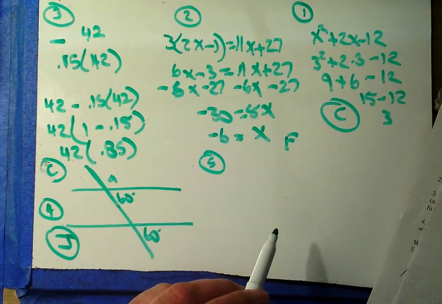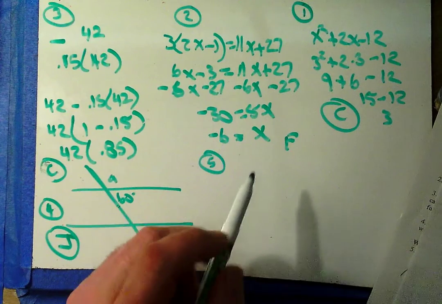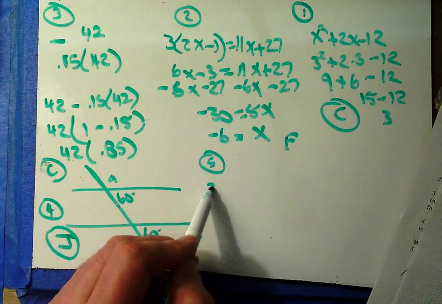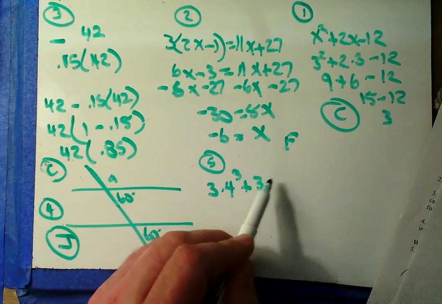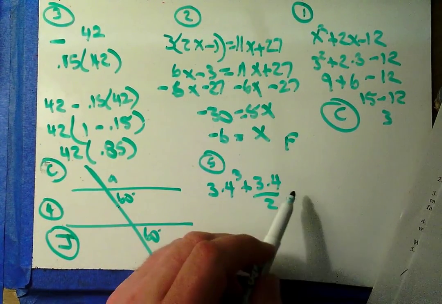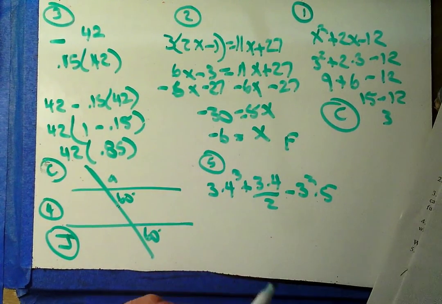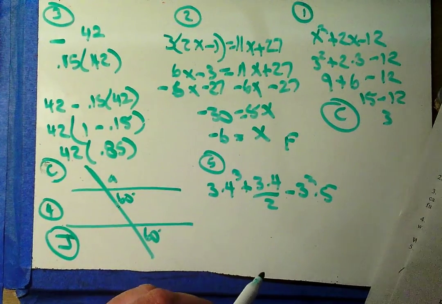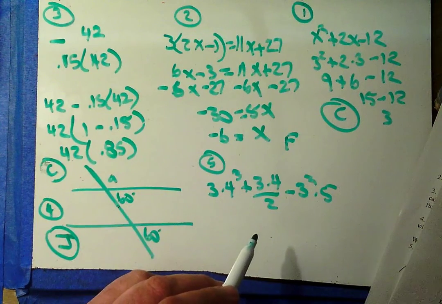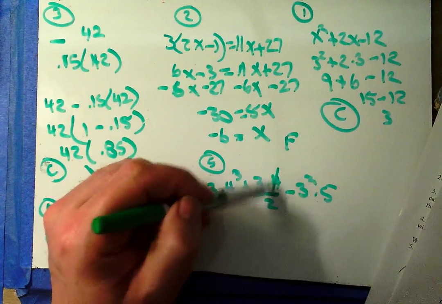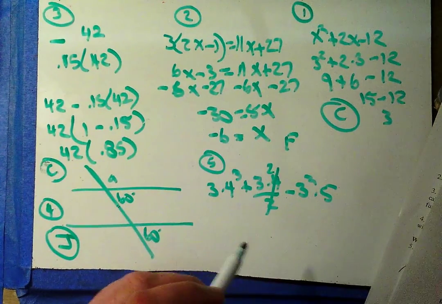Number 5, x equals 3, y equals 5, w equals 4. Evaluate this expression, so I'll plug in a 3 for x: 4 to the third plus 3 times 4 over 2 minus 3 squared times 5. Okay, well, we could do this a couple of ways. I like to think about factoring a 3 out and making my life easier and doing a little simplifying here. But most students don't want to do that for some reason.